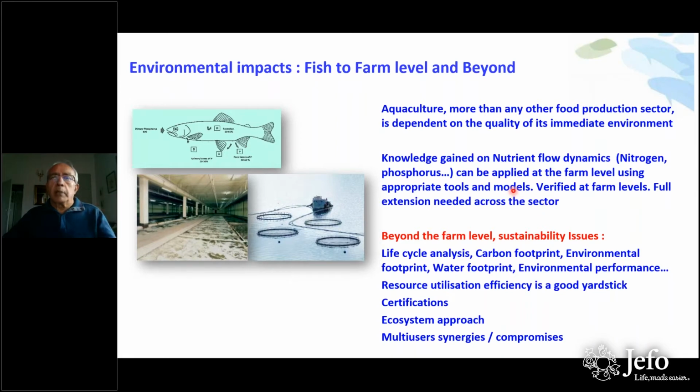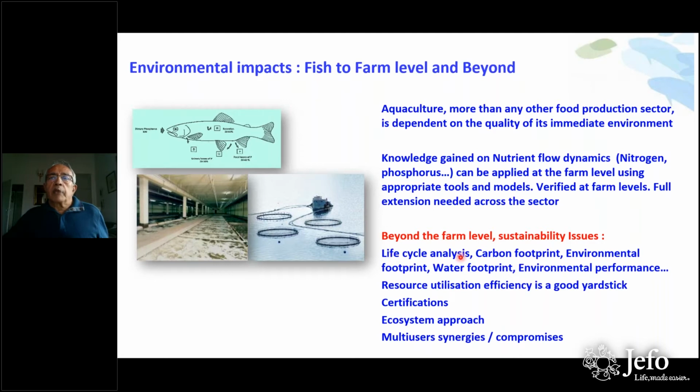They are available. There are even companies providing such services, which has been verified at the farm levels, but can be extended across the sector at the regional level, at the ecosystem level. There are a number of questions which come up, sustainability issues. I'll be talking about it in the next few slides.